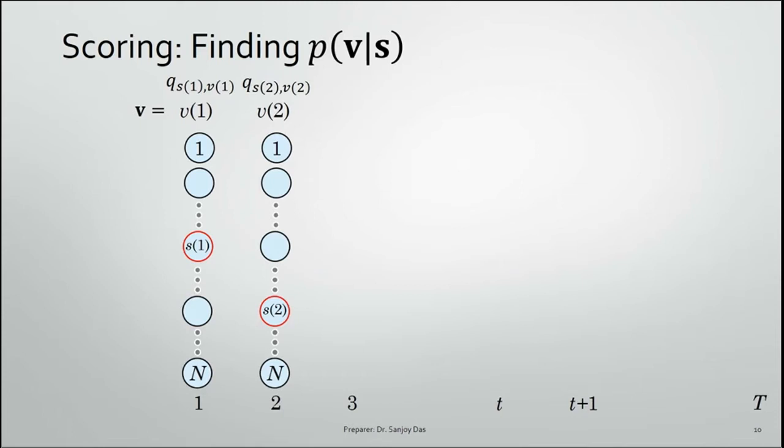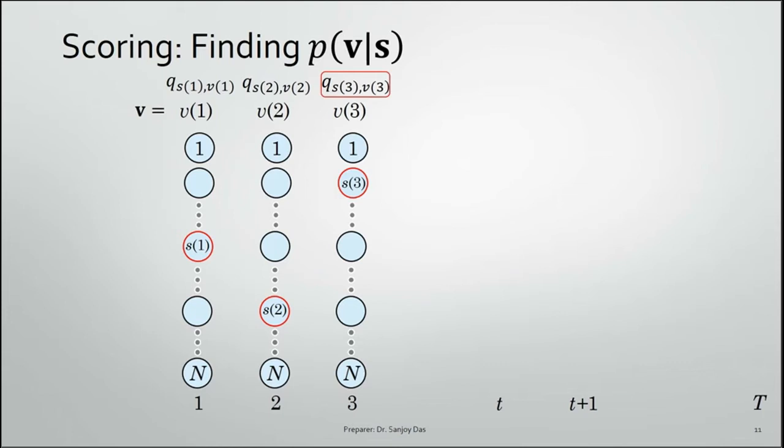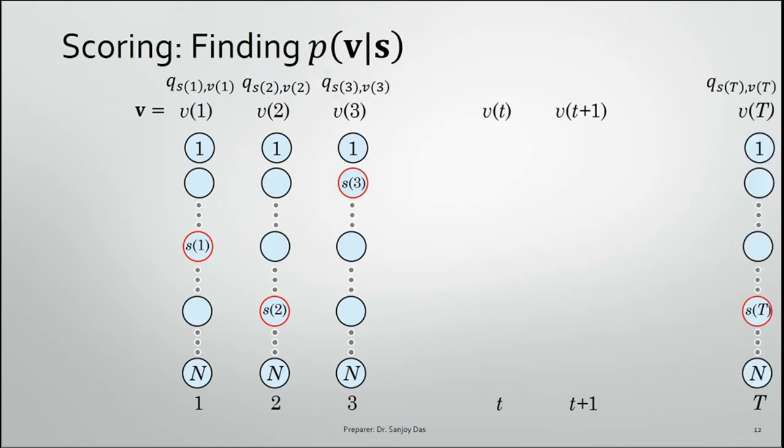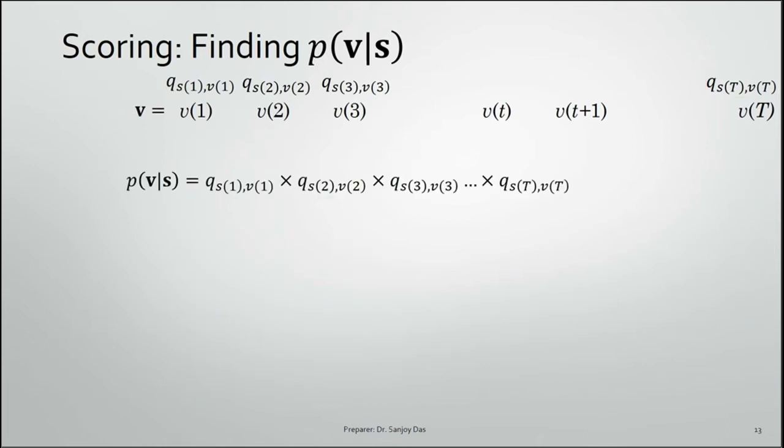The probability of V2 being generated from state S2 at time 2 is the corresponding emission probability, which is Q S2 V2. Likewise, the probability of V3 is Q S3 V3, and so on, until the time step uppercase T, where the emission probability is Q S T V T. And so we multiply all of them together. That gives us P of the entire output sequence V given state sequence S.